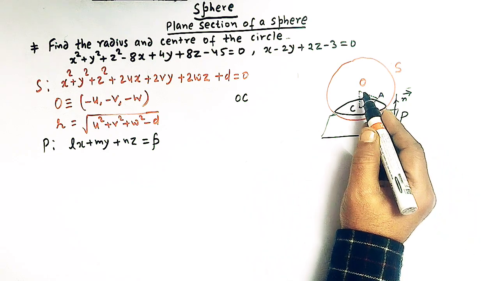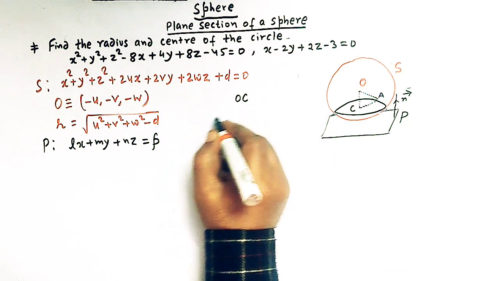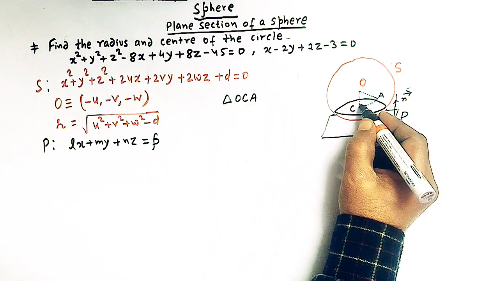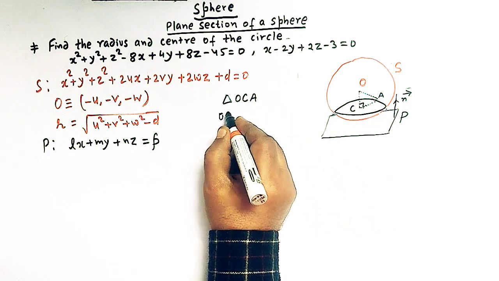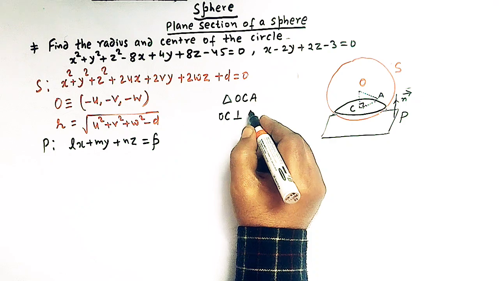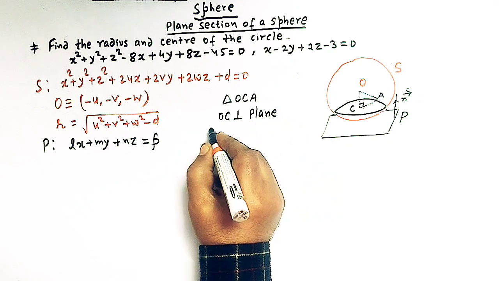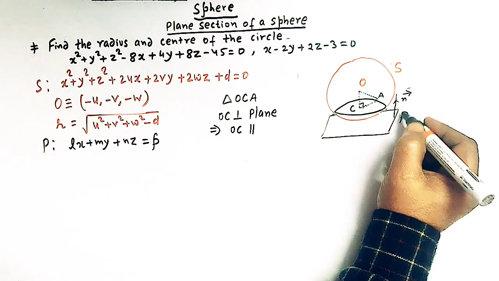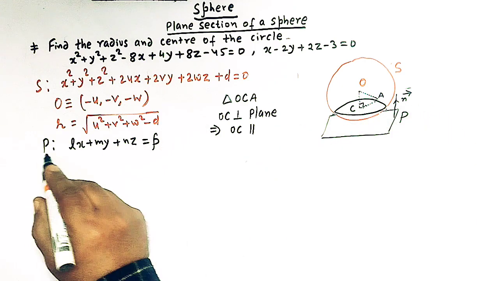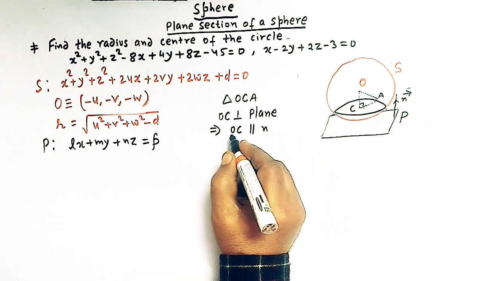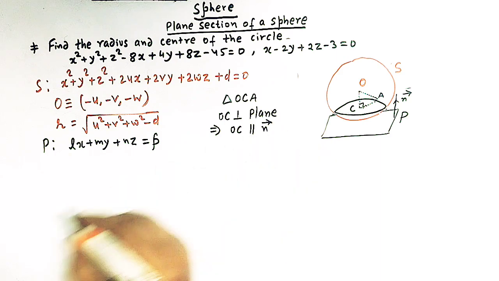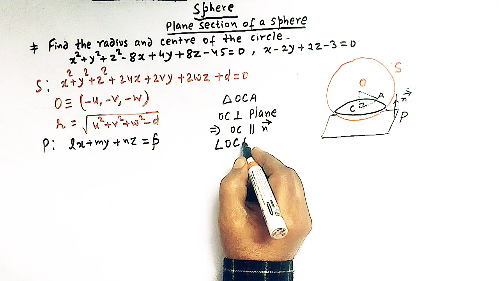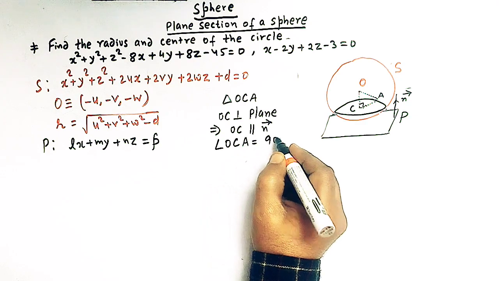So now from this triangle, that is triangle OCA, we can see that OC is perpendicular to the plane. It implies that OC is parallel to the normal vector to this plane P, right? So here OC is parallel to the normal vector, and here angle OCA is 90 degrees.